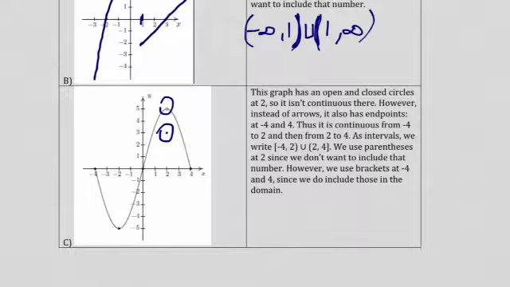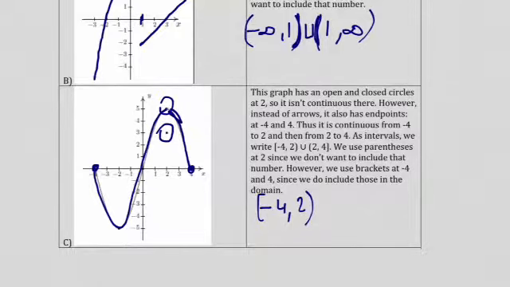However, it is continuous between minus 4 and 2, and it's also continuous between 2 and 4. You have a solid dot at 4 and a solid dot at minus 4. This is the reason why we are going to have minus 4 with a bracket because of the solid dot, and nearby the 2, open circle, so parenthesis, union, 2, 4 for the same reason on the other interval.